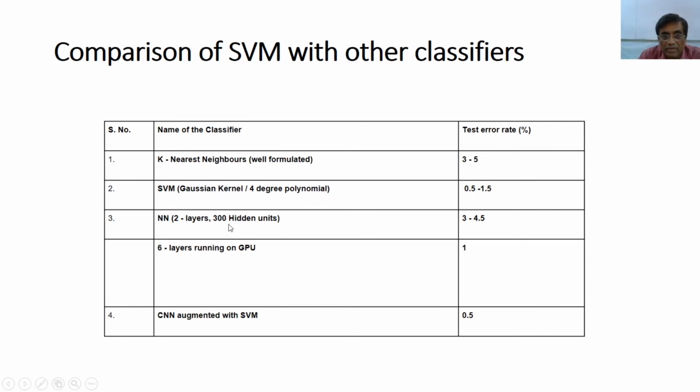Then neural network, 2 layers, 300 hidden units, 3 to 4.5% test error. 6 layers running on GPU can reduce it to 1%. So this shows the muscle power of computation. Then if you add support vector machine to that muscle power, that is CNN augmented with support vector machine, 0.5% test error. So you can see in all comparisons, support vector machine performance is very, very good.